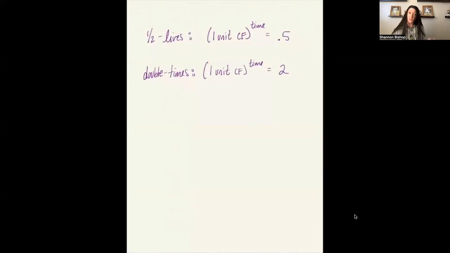Okay. So the contexts in which you can see these show up just depend on what's given as opposed to what's not given. For instance, all I did was rewrite the skeleton that's on slide 15 for half-lives and double times.